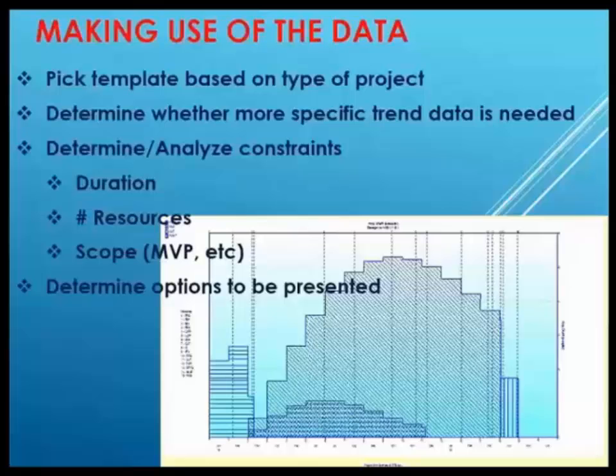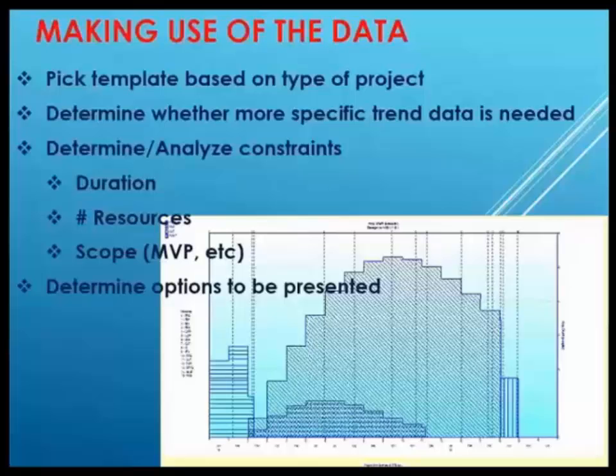When we perform an estimate, we look at what the constraints of the project are. There may be a duration constraint, or maybe we only have a certain number of resources that we can use. What is the scope of the project? In other words, MVP is minimal viable product.